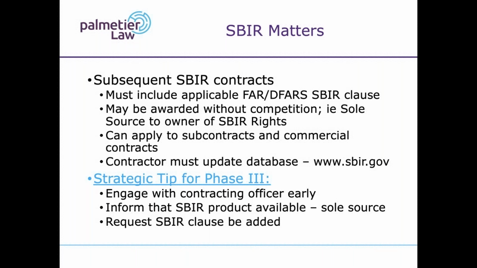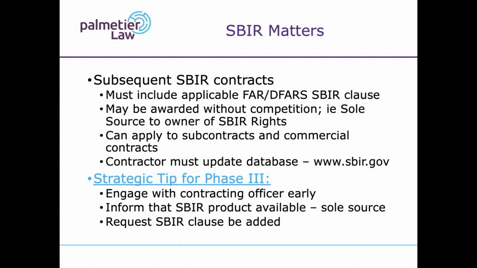Also, when you get a phase 3, you need to request that the SBIR clause be added so that it's acknowledged as a phase 3. It used to be really important because we had a rolling protection period where you had to have subsequent contracts to keep that SBIR rights protected. But with the change to 20 years, that urgency is gone.